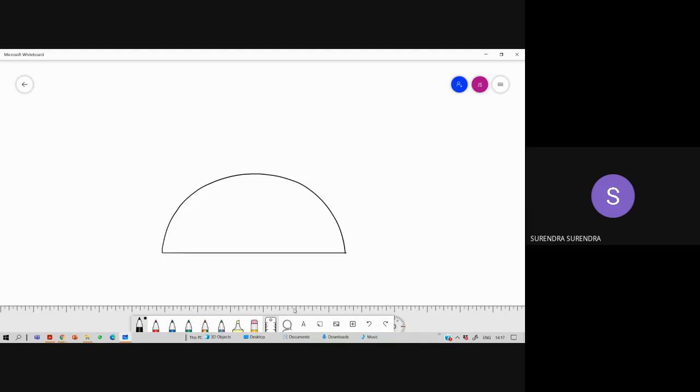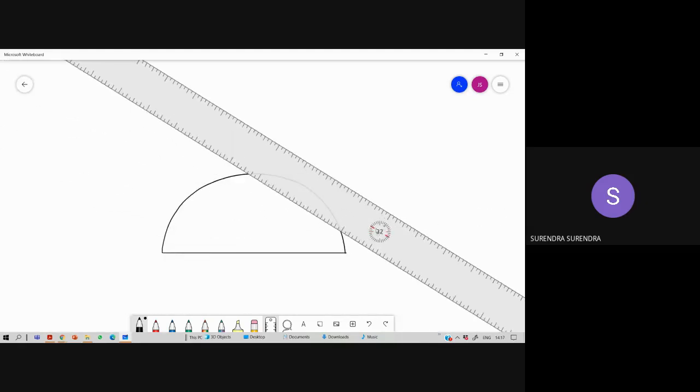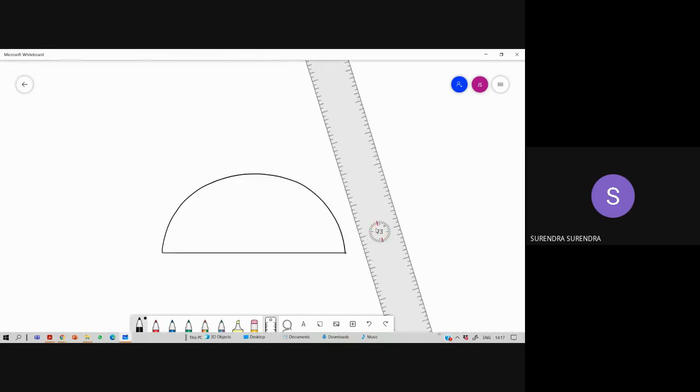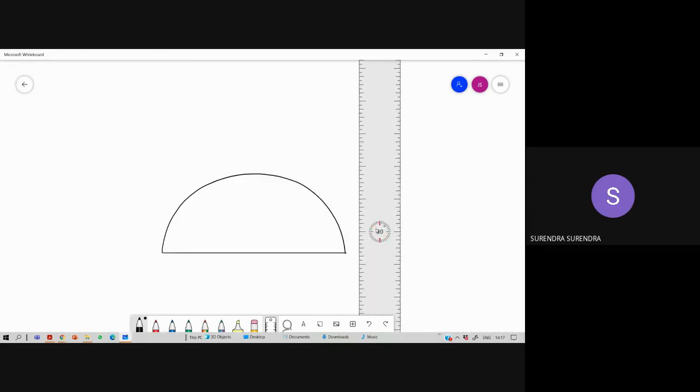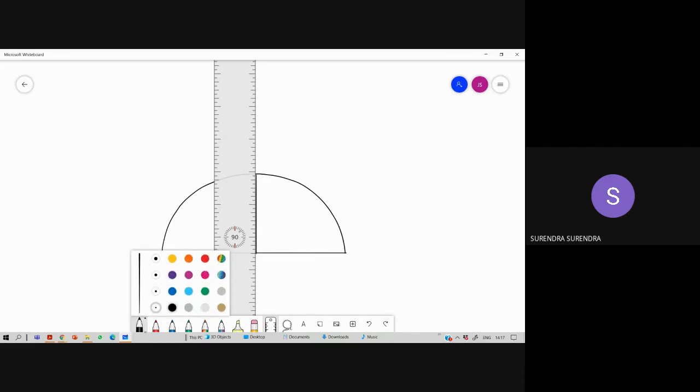Now, as it is a semicircle, divide this semicircle into 6 parts. No need for 12, as it is only half of the circle. Let us divide this semicircle into 6 parts.